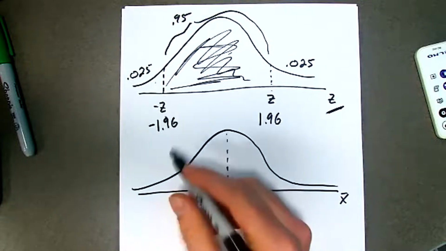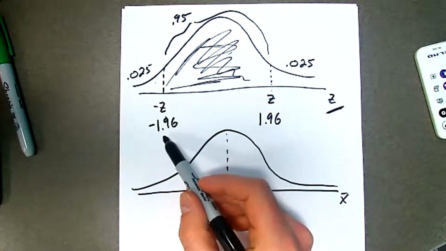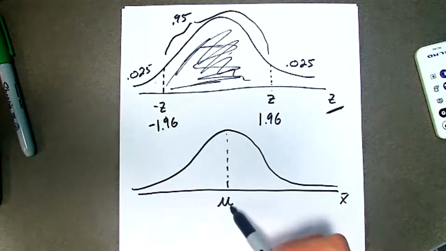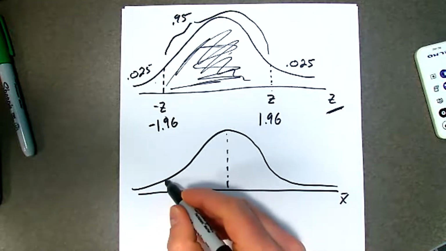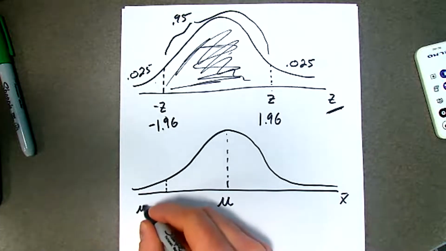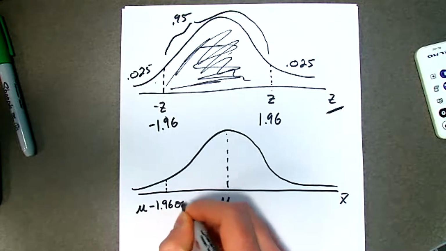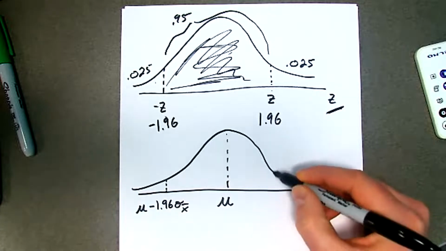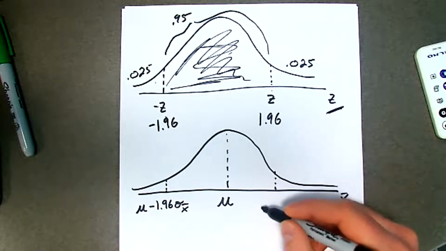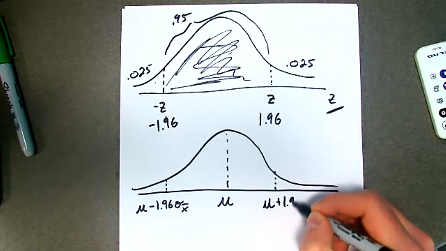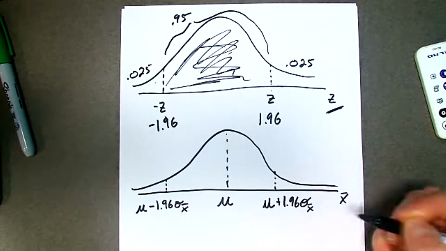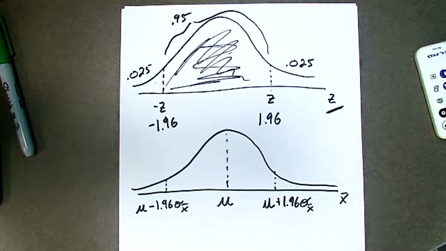Well, if I want to go 1.96 standard deviations away from this mean, what I'm really thinking about is, so here, I'm going 1.96 standard deviations below and 1.96 standard deviations above the mean.